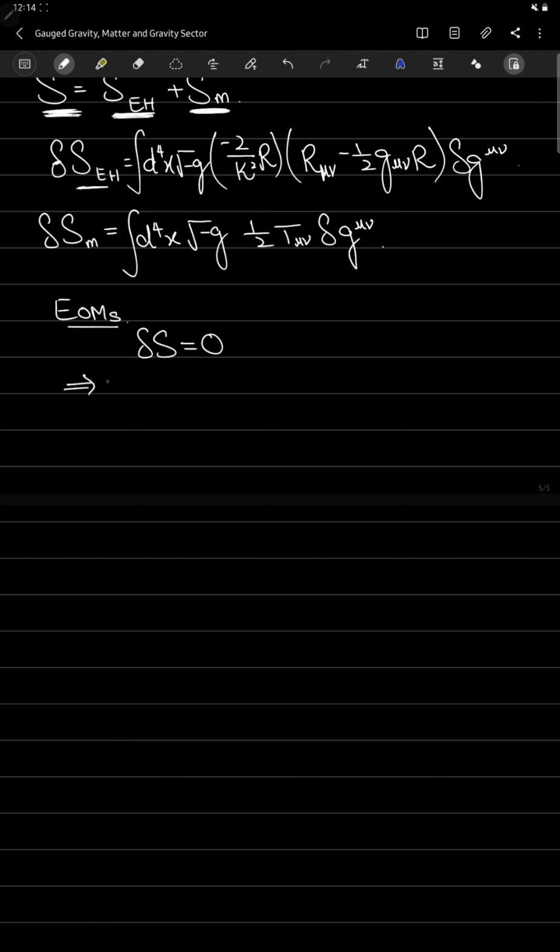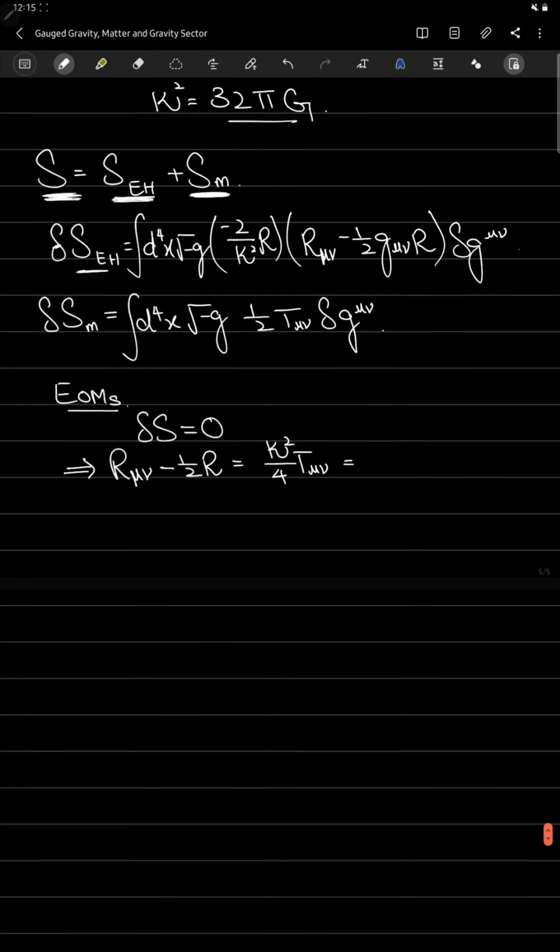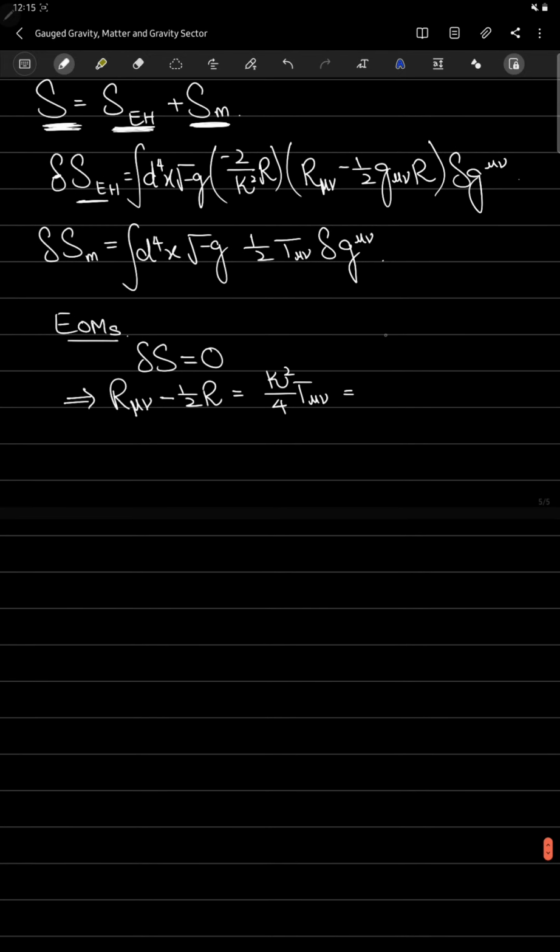This would then imply that R mu nu minus 1 by 2 g mu nu R is equal to this constant kappa squared over 4 times T mu nu, and you further see that this constant is equal to, like I said over here, this thing. So if I divide this by 4, I'll get 8 pi G T mu nu.